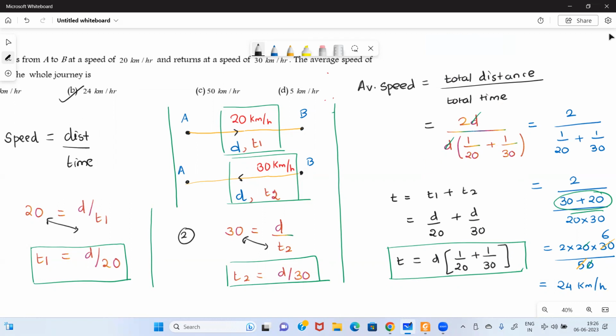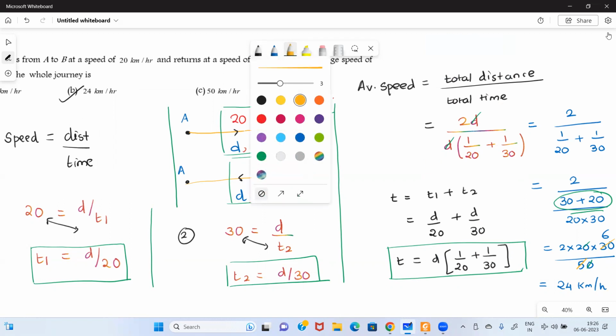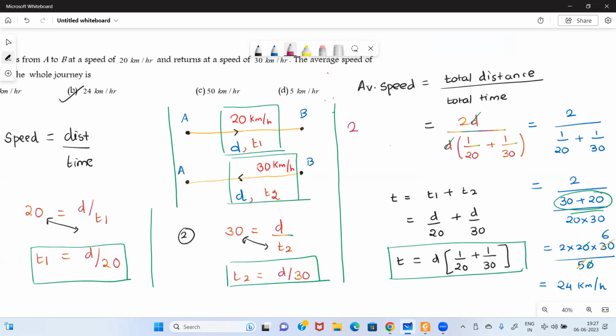So the formula is, please make a note of it. Directly you can use this: 2v1v2 by v1 plus v2. If a car goes from one point to another and then returns back, then the average velocity is given by 2v1v2 by v1 plus v2. So if you know this, directly you can do it.